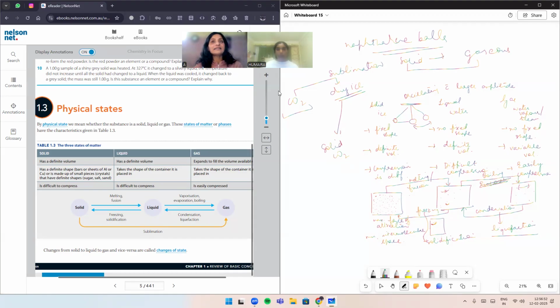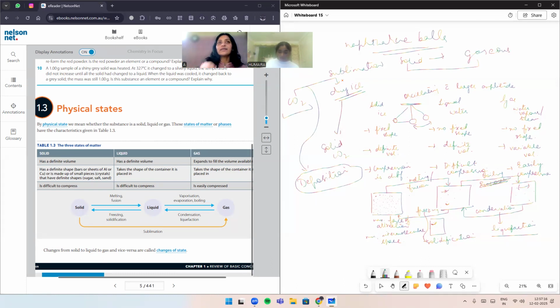And this process from gaseous to solid state is known as deposition. Gas to solid is called deposition, but going from solid to gas is called sublimation.